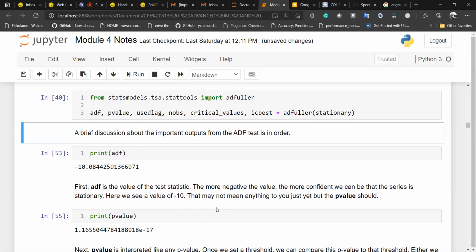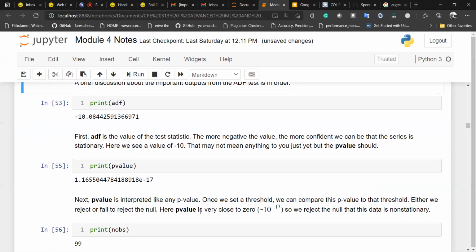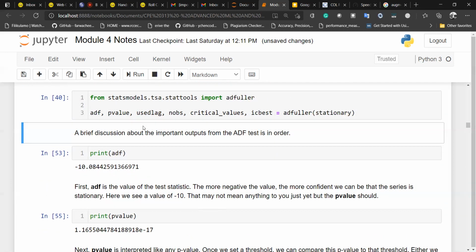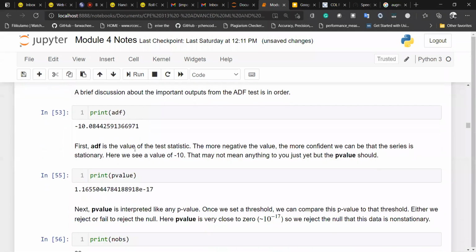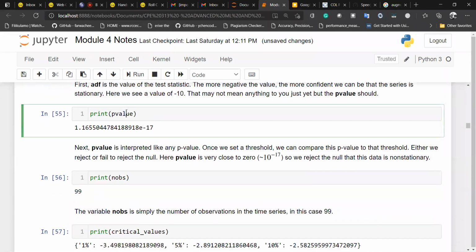That may not mean anything to you just yet, but the p-value should. Ano naman yung p-value? The p-value that you see here is the same as this one. When we print the p-value, it's around 1.16555 and so on, raised to -17. So definitely that is 10 raised to -17.